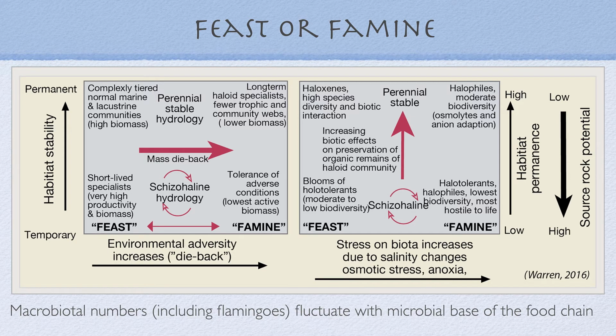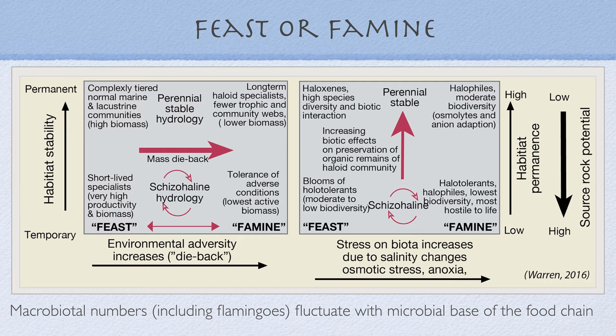This is from chapter 9 in my 2016 book, where I'm breaking it out into two types of salinity: the perennial stable hydrologies above the red arrow versus the feast and famine hydrologies, the schizohaline hydrologies, below the red arrow. And we can see how if salinities are stable, we will get long-term, highly specialized halophilic bacteria and halophilic archaea flourishing in those systems.